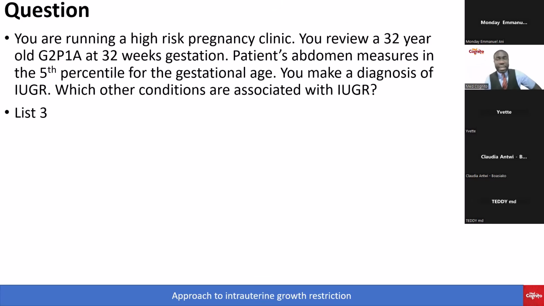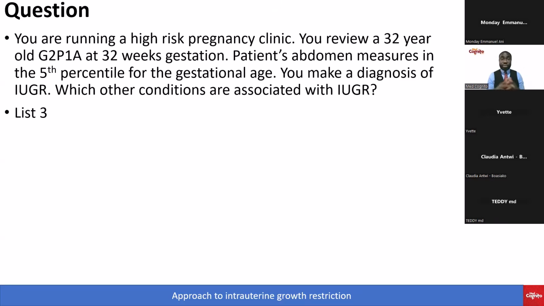Okay. So you are running a high-risk pregnancy clinic. You review a 32-year-old gravida 2, para 1 at 32 weeks. The patient's abdomen measures in the fifth percentile for gestational age. You make a diagnosis of IUGR. Which other conditions are associated with IUGR?